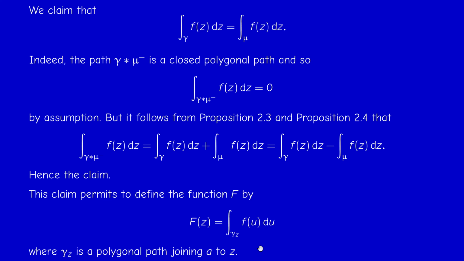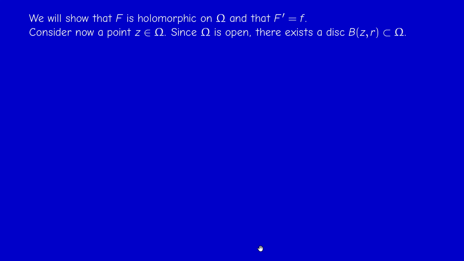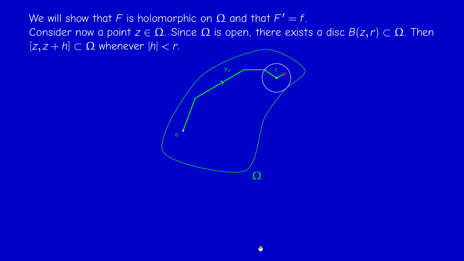Once again, this is what I want to prove. So fix a point Z in the discussion now. Since omega is open and Z is in omega, there is a whole disk of center Z contained in omega. Here I took the biggest such disk, but it's not really important.